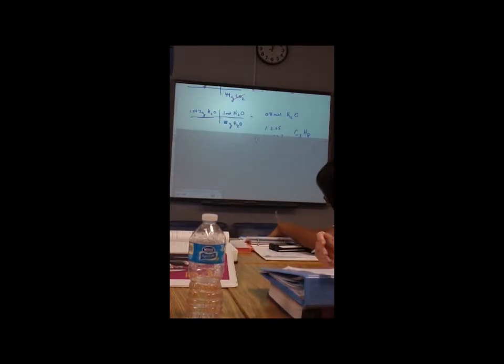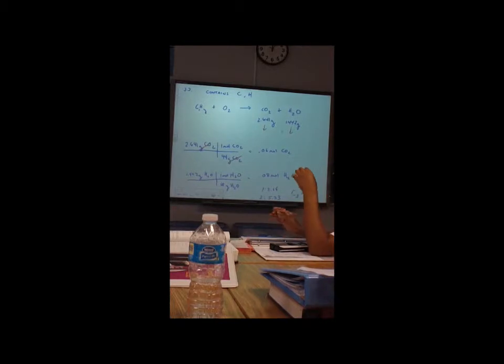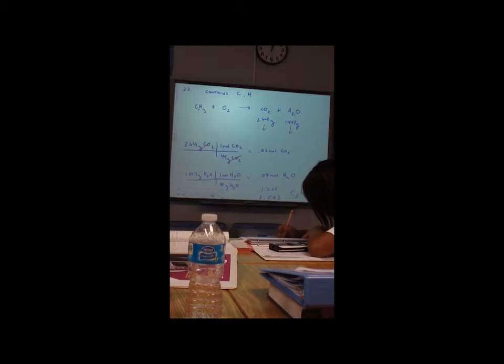Now you have to keep in mind that for every 1 mole of water that is produced, there are 2 moles of hydrogen involved. 2 moles of hydrogen are produced for every 1 mole of water.